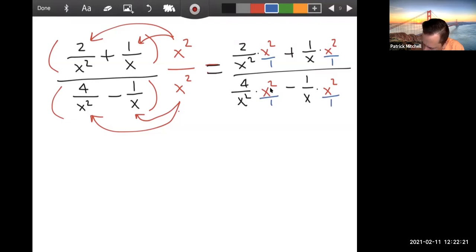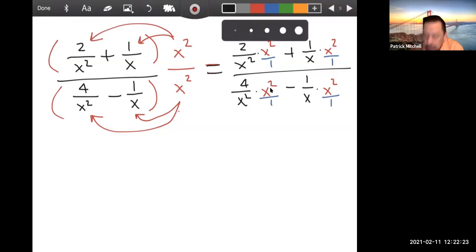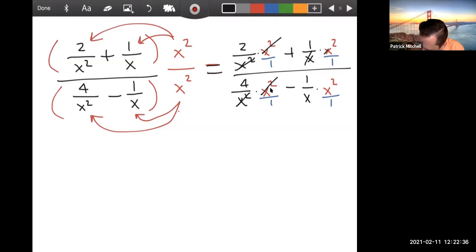All right, now my favorite part, I get to cross stuff out. So in the top left, the x squareds cancel, and also in the bottom left. In the top right, I can cancel an x, take out this x, and that would leave an x. And the same thing on the bottom right, take out this x, and that would leave an x.